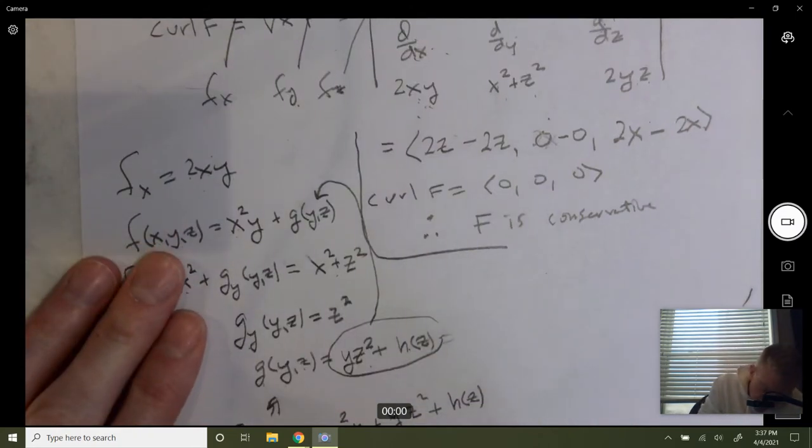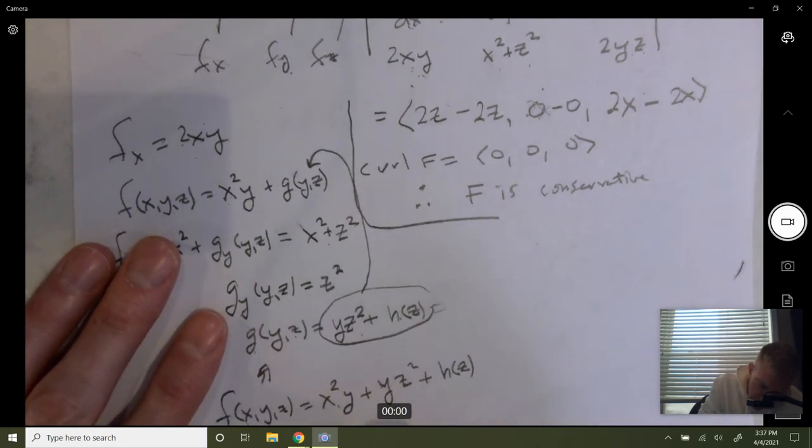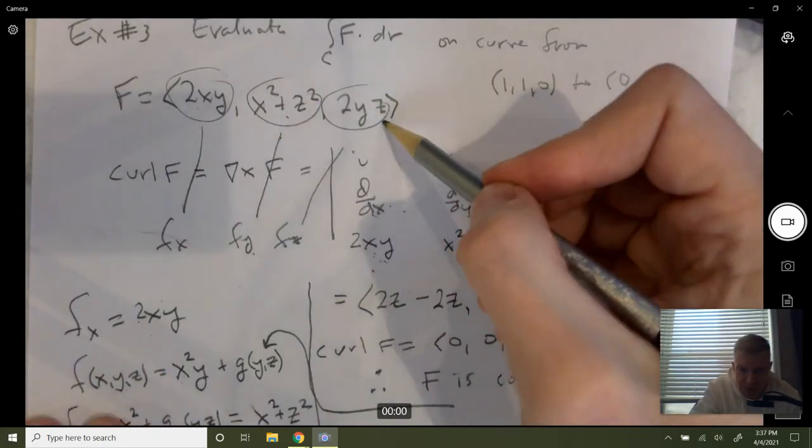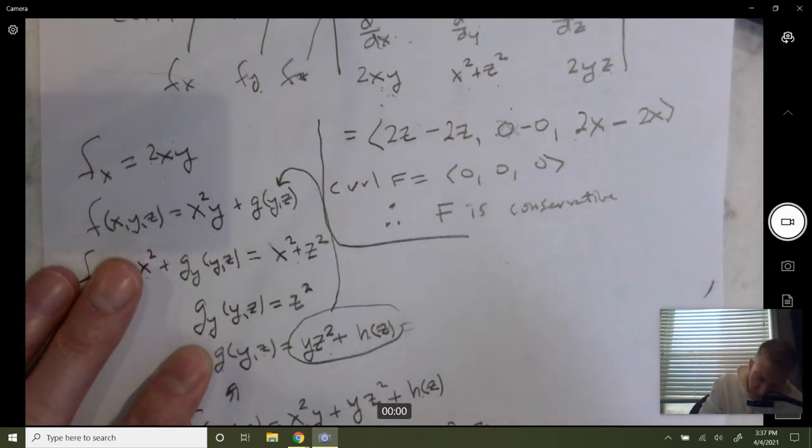So f_z is going to be 2yz plus the derivative of h, h prime of z. That has to equal 2yz, which needs to be our z derivative. So these cancel and we get h prime of z equal to 0.